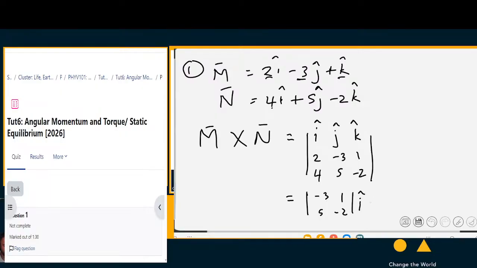Then we have negative j hat, with 2 and 1, and 4 and negative 2.